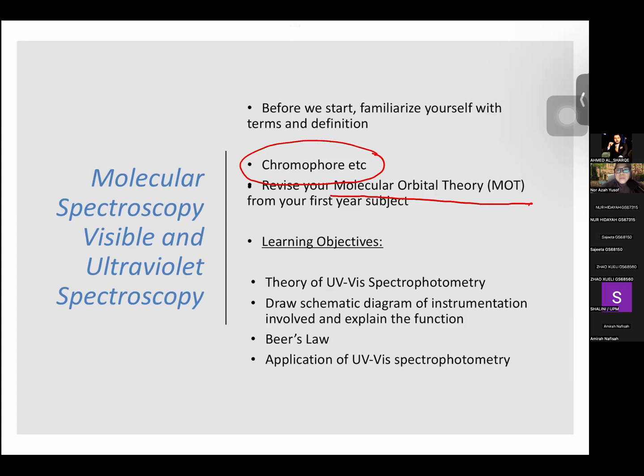So for those of you who have gone through the molecular spectroscopy subject, it's good for you to revise. But for those of you who have not taken it, you can always refer to the subjects that you have taken during your undergraduates.